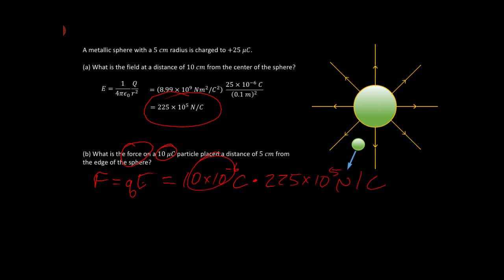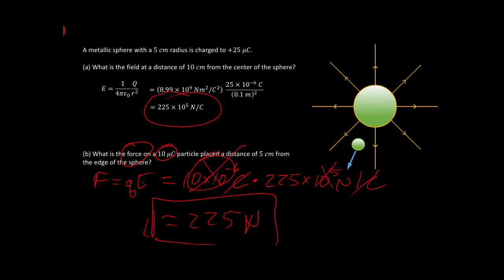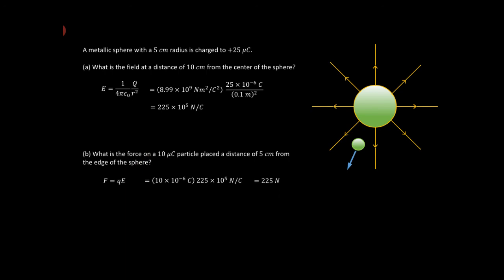Actually, this number is 10 to the minus 5, so this number cancels out that number. So we end up with 225 newtons, and we cancel out the coulombs, 225 newtons there. So let's see, did I do that right? I did that right, 225, we're doing good.